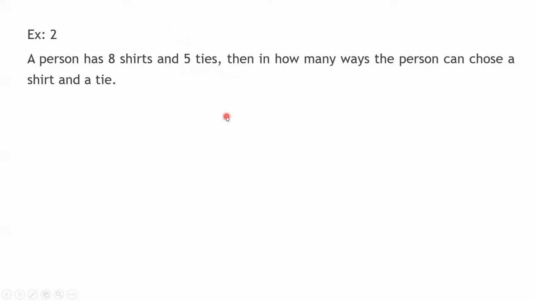So if we consider like that, how many shirts are there? Shirts are 8: 1, 2, 3, 4, 5, 6, 7, 8. Ties, how many ties are there? 5. Let me call them A, B, C, D, and E. For first shirt, I am having 5 options.